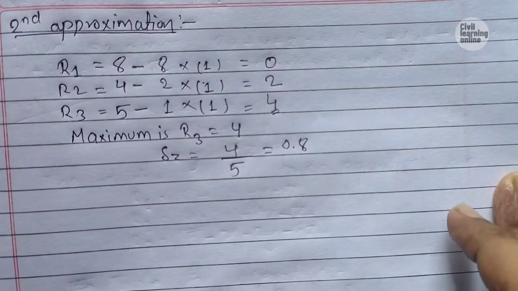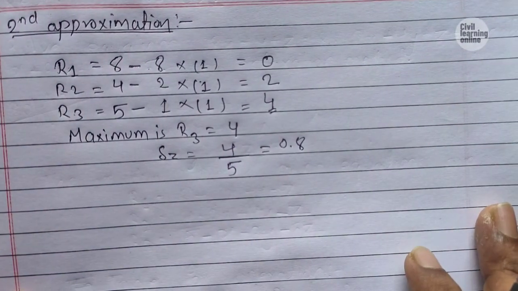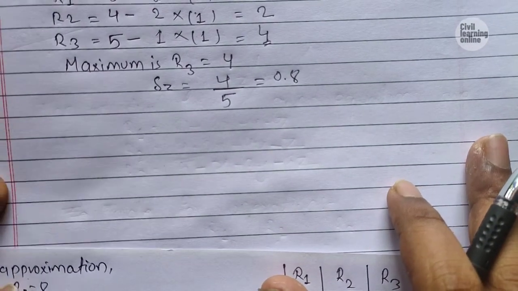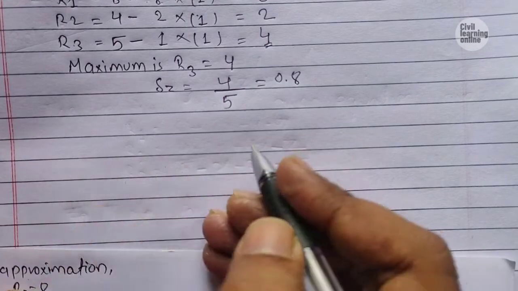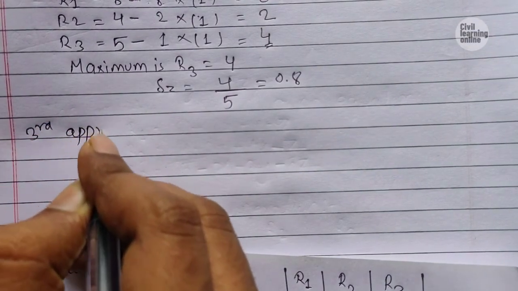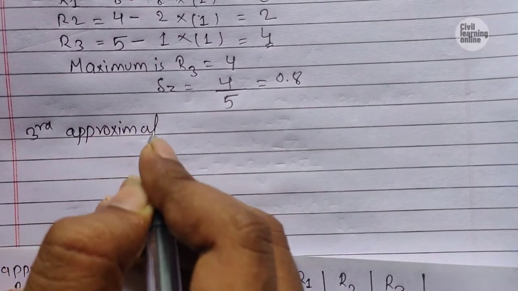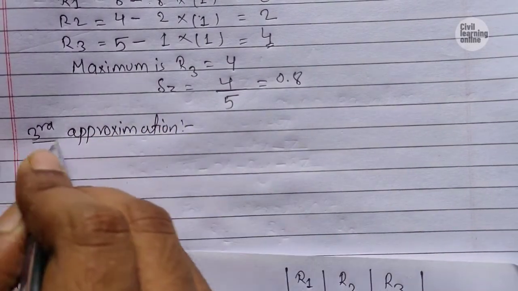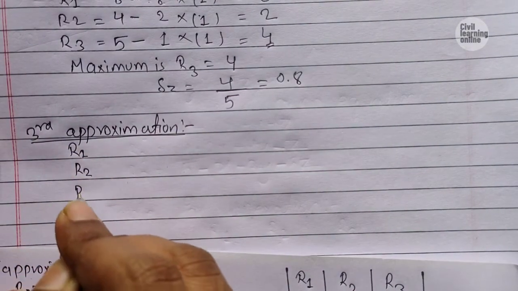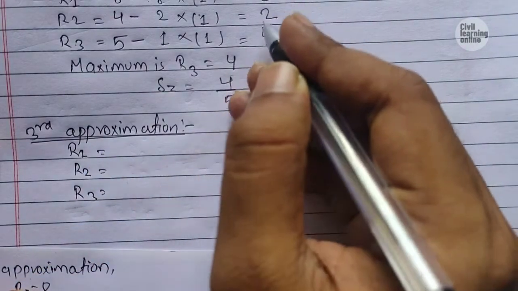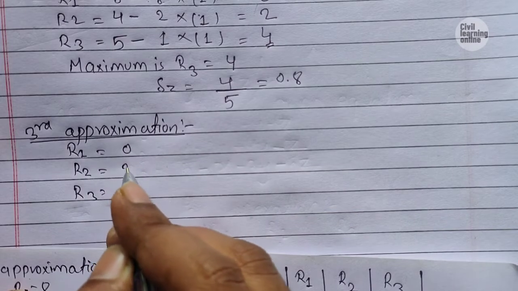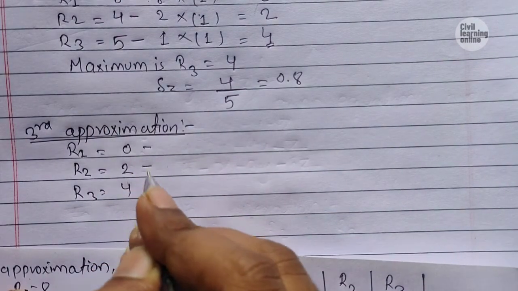Now let's move to third approximation. I hope you are understanding these steps. For third approximation, again the steps are similar. Again we will rewrite r1, r2, r3, and the values change here. This time r1, r2, r3 will be these three values, so 0, 2, 4, minus minus minus.